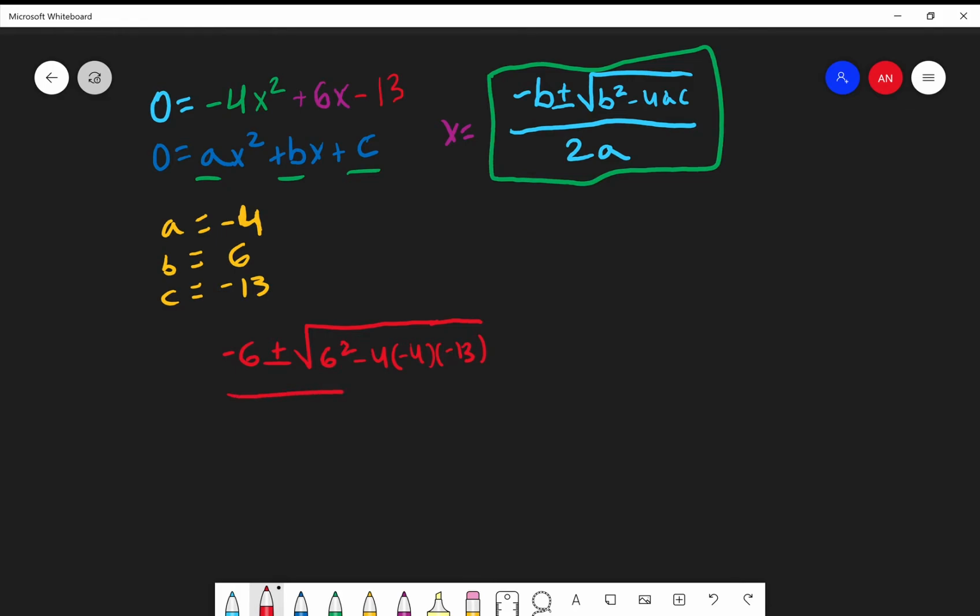And this whole thing is divided by 2a, which is 2 times negative 4. Okay, so now we've substituted all the terms into the equation. Let's solve this equation.